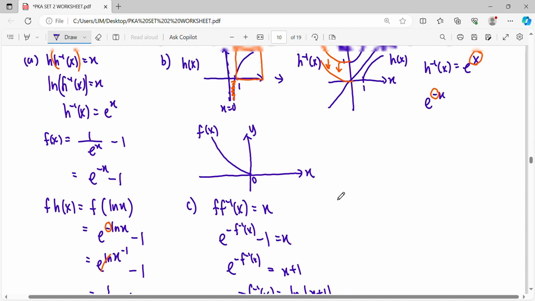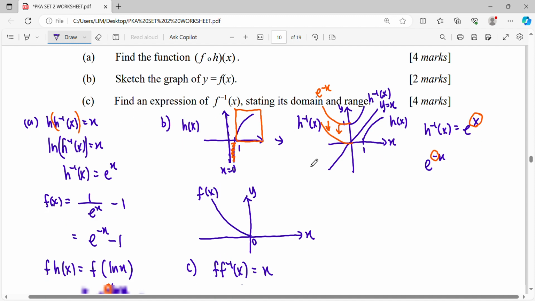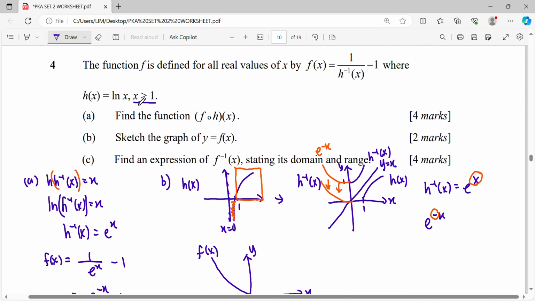Then for the question on domain and range, the domain of f inverse refers to the range of the function. Our function starts with a condition statement here, which makes our function not a general piece, so it just involves one part of it.